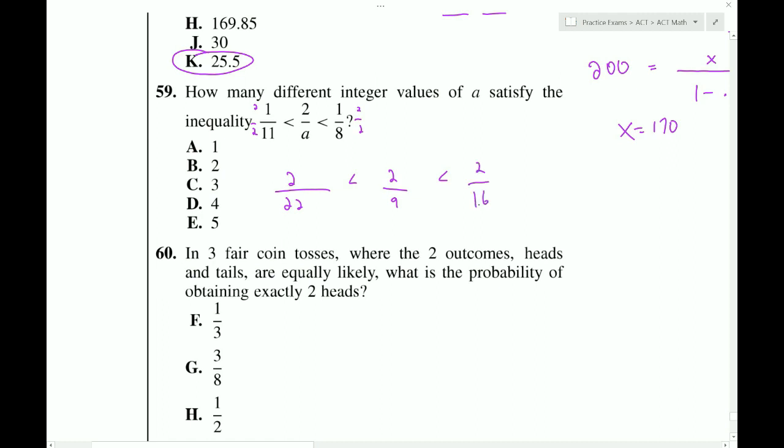Let's see, this might be better. Well, let me just see if I can finish this.